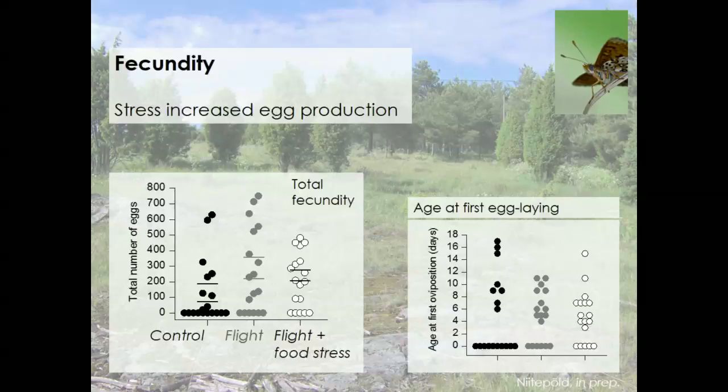So it seems that in this species as well, flight promoted egg laying. And we can also see on the right-hand side how the age at the first egg-laying event also seemed to follow stress in the way that stressed individuals started laying eggs earlier.